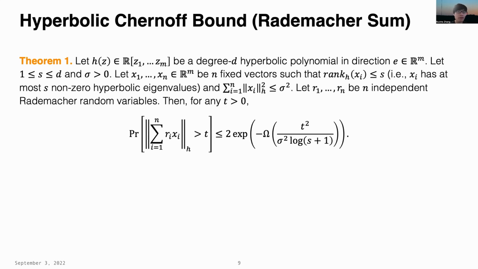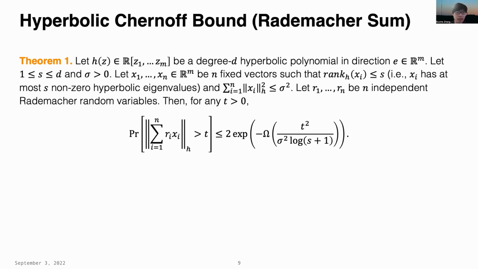We generalize this theorem to the hyperbolic setting. Let h(z) be an m-variate degree-d hyperbolic polynomial in direction e, and let s and sigma be two parameters. Given x_1 to x_n in R^m as n fixed vectors such that each x_i has at most s non-zero hyperbolic eigenvalues, that is, its hyperbolic rank is at most s, and also the sum of the x_i's hyperbolic spectral norm squared is at most sigma squared.